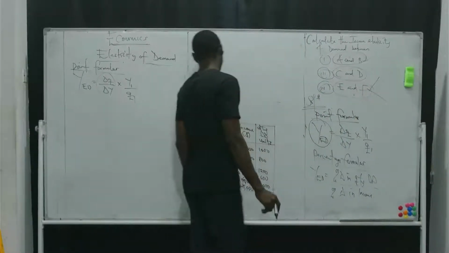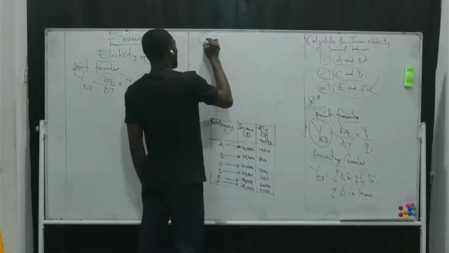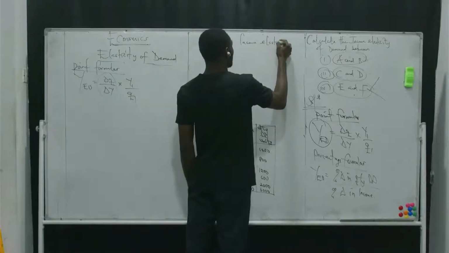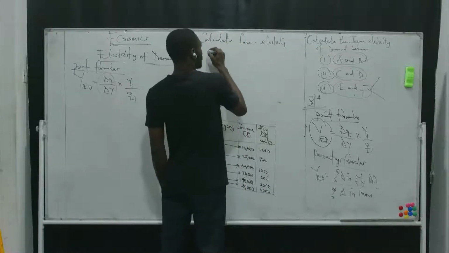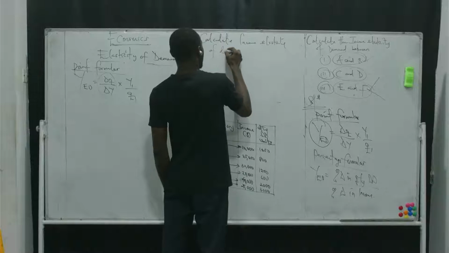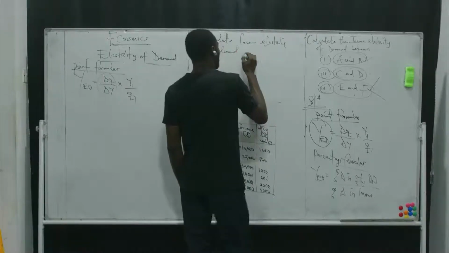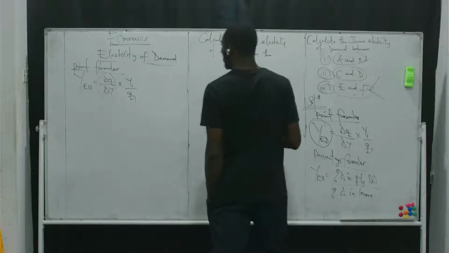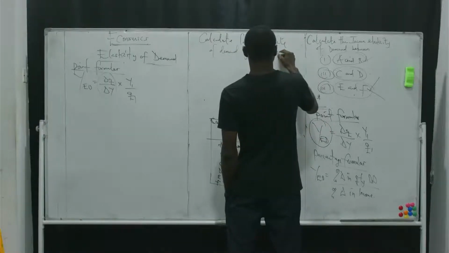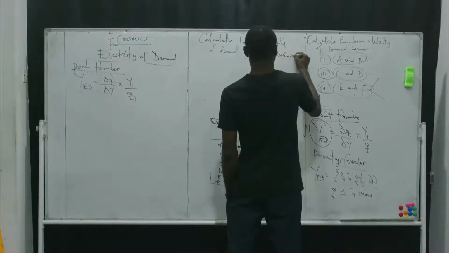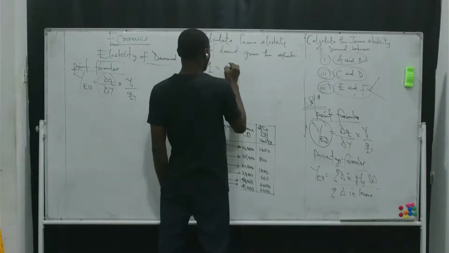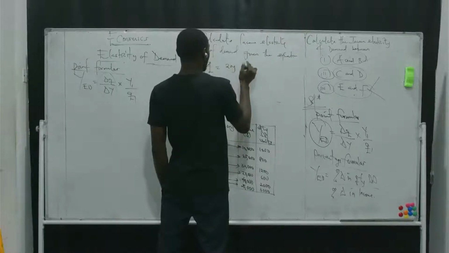Now, you can have a question like this. Calculate income elasticity of demand, given the equation Q equals 20y minus 5.